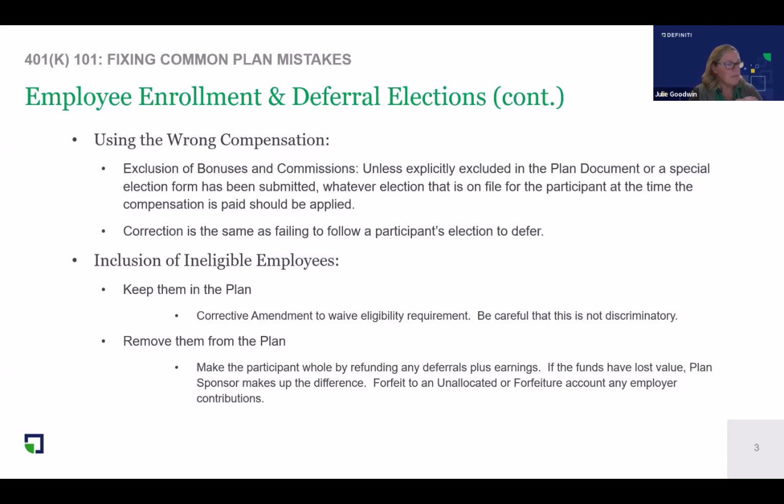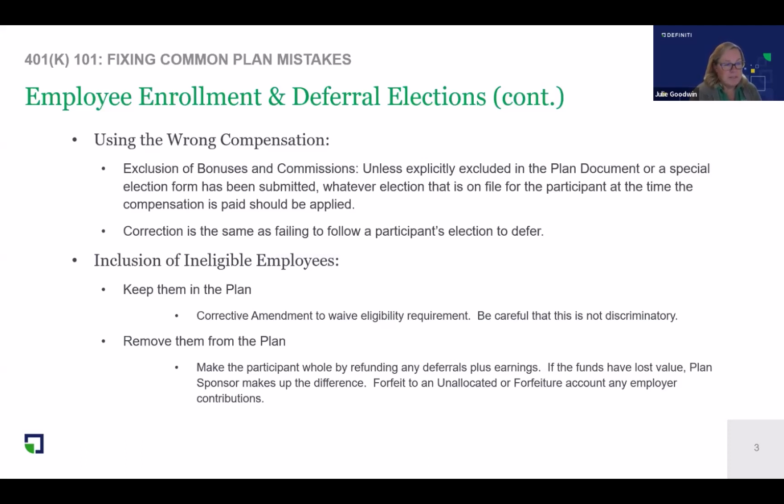One of the other items that might come up in the process when you're going through enrollments and deferral election is that maybe you're including people who might otherwise be ineligible. And maybe you thought after 1 year of service, they just got to come in right away, but actually the plan says that they only get to enter the plan on 2 entry dates, January 1st and July 1st.